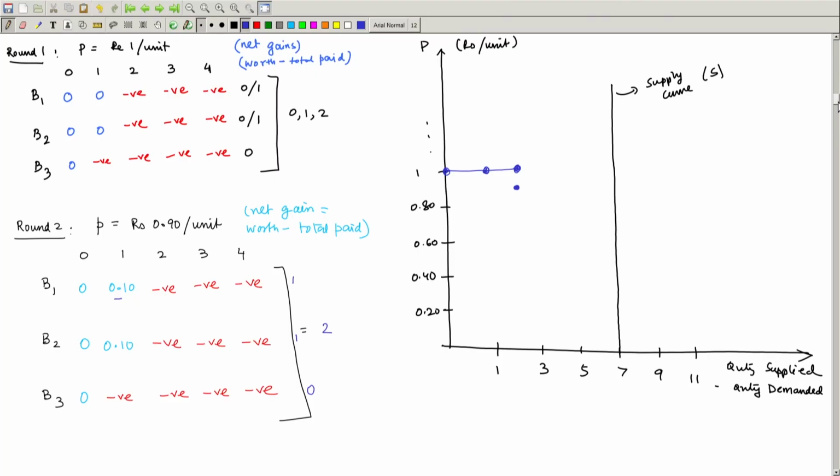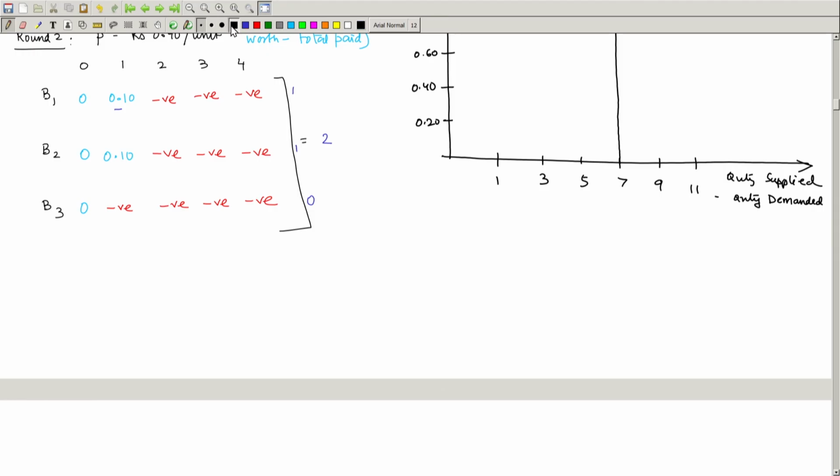So, the question for us is, is this new price, which is P equal to 0.9 per unit, rupees 0.9 per unit, any better than P equal to 1 per unit, the previous price, in bringing the quantity demanded and the quantity supplied closer, right?